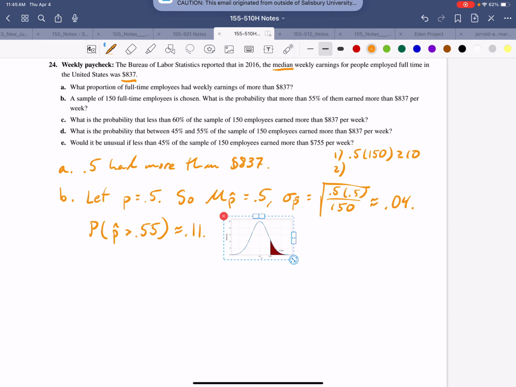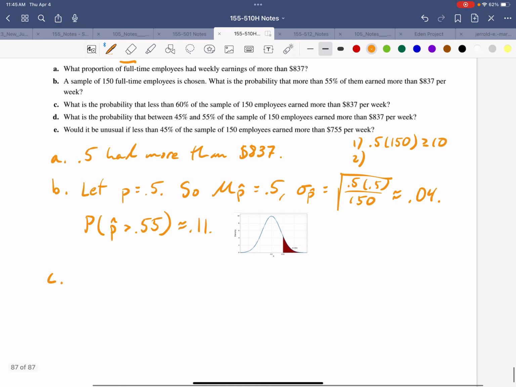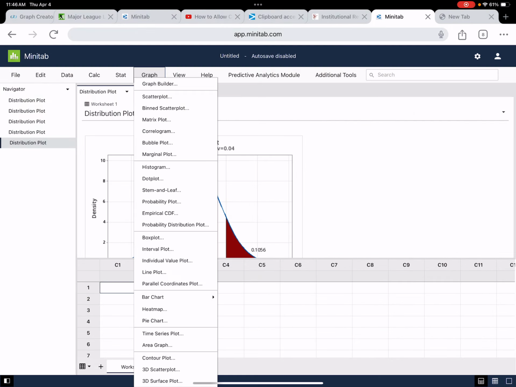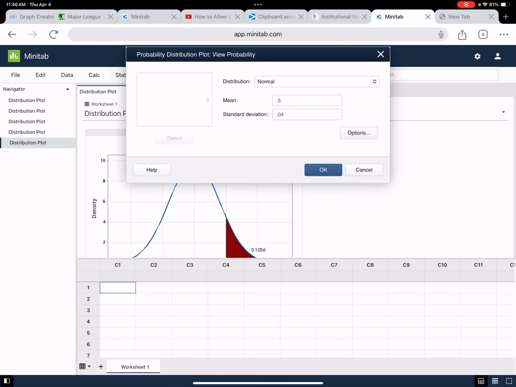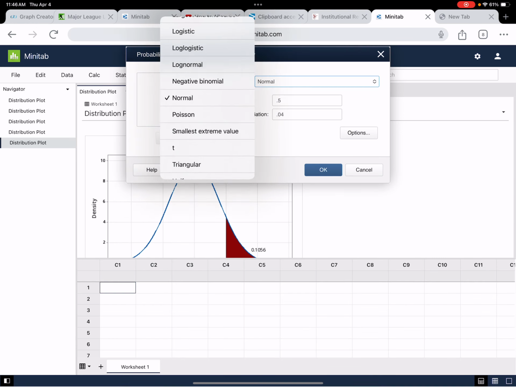All right, part C. The probability that less than 60% earned more than $837. Again, you see this notation, and how it's the same sort of thing every time. I'm just writing this so that I know what to put into Minitab. We're just doing the left tail, 0.6.